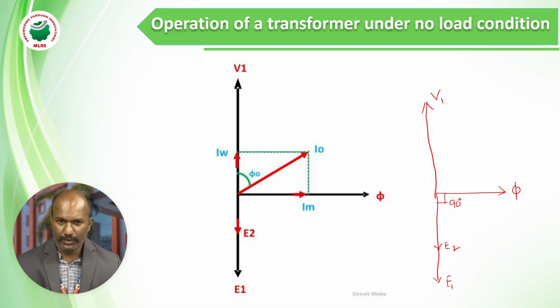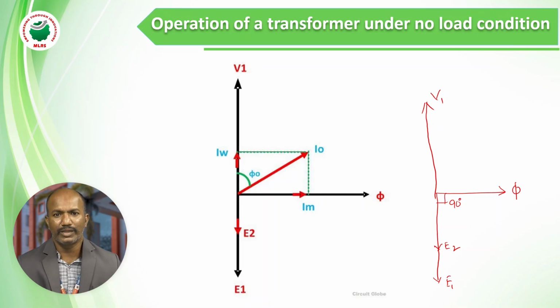Now, we know that I naught, the no load current, has two components: one is IM and the second one is IW. IW is the working component. It is used to meet iron losses in the transformer core. So that is the loss component. Loss in the sense that generally loss takes place in a resistor.